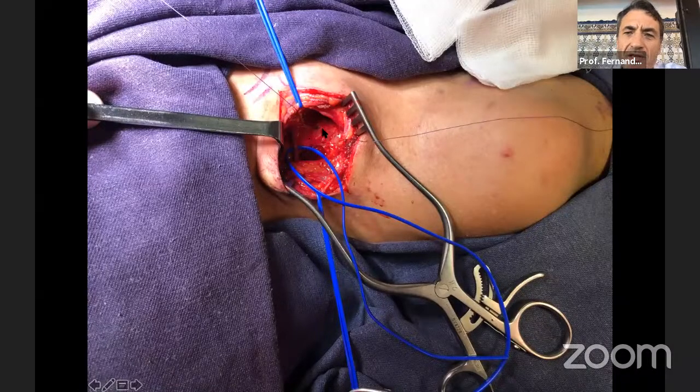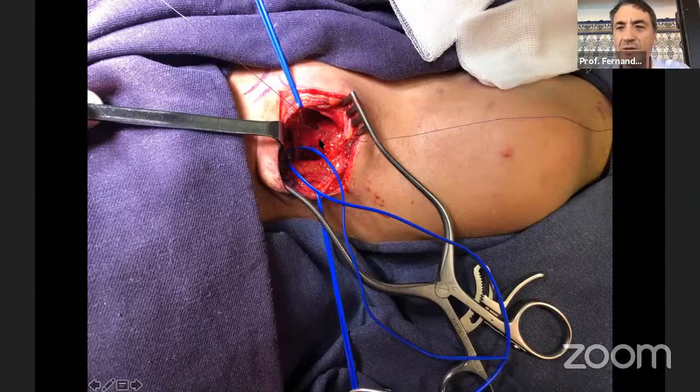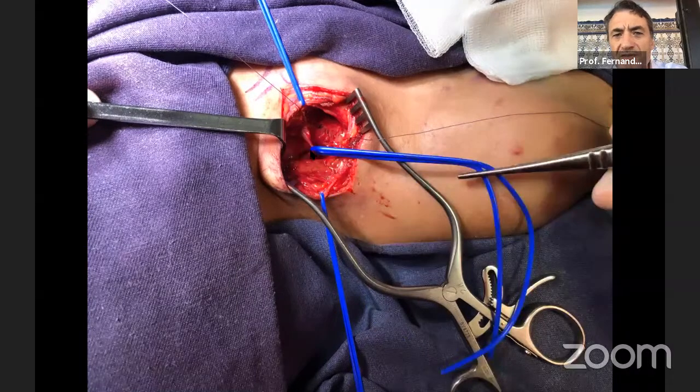The brachial plexus is located here under the muscle, and the transverse cervical vessels are located here under the muscle and over the brachial plexus. So if we can identify the omohyoid muscle, the plexus is very close. Here, we put a vessel loop around the transverse cervical vessels. So the superior trunk of the brachial plexus must be here.